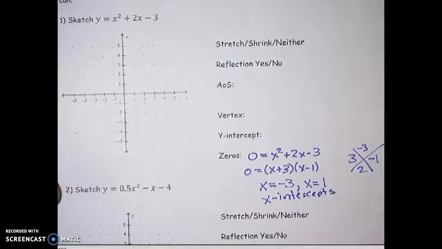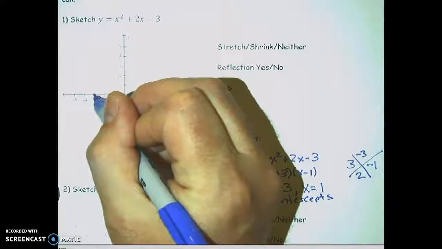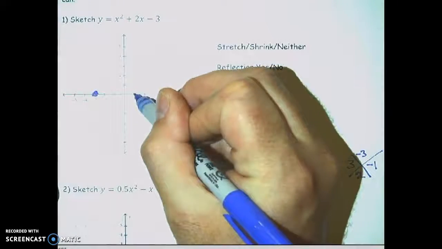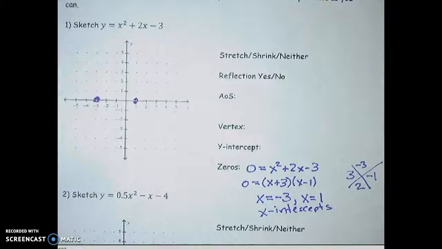And so now when we go to graph it, we just have one more set of points to put on there. So if we go to negative 3 on the x-axis, that's this x-intercept. If I go to 1 on the x-axis, that's the other one. And so that's really the only new thing. It just gives us more points to look at than we had before.